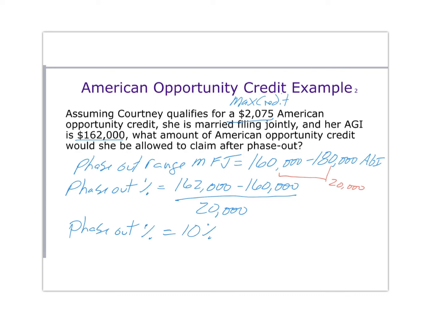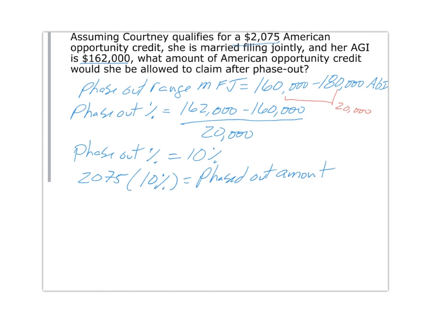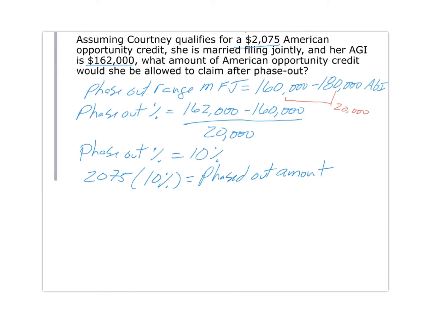Okay, so what does that mean? That means that we apply that 10%. So 2075 times 10% equals phased out amount. All right, so our phased out amount is $207.50.